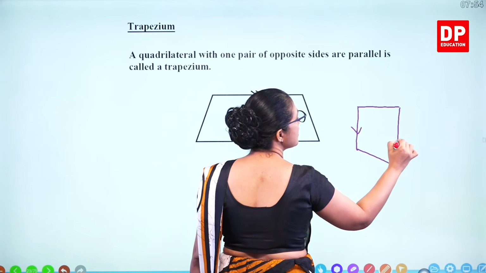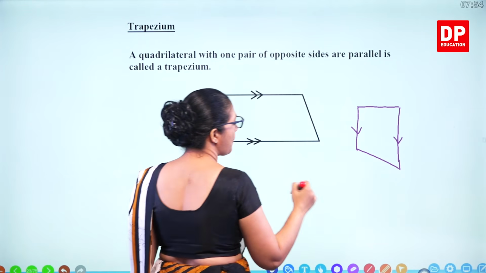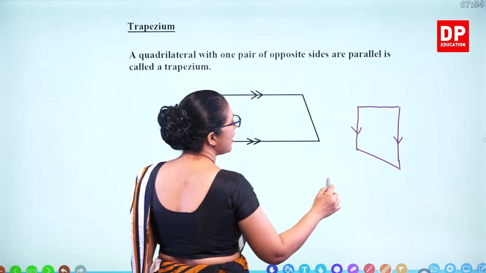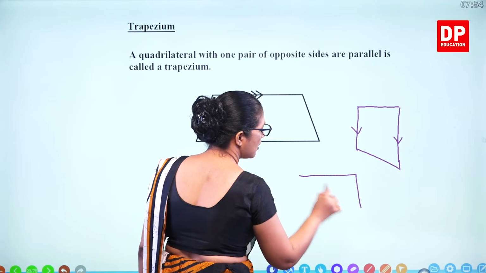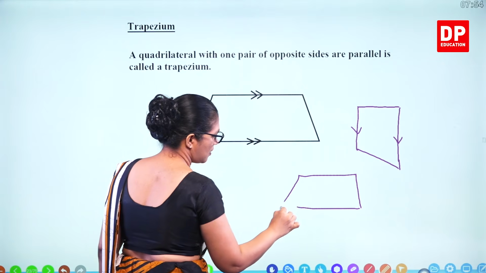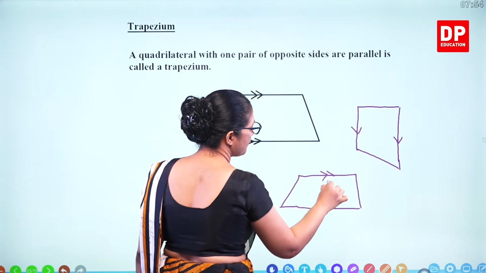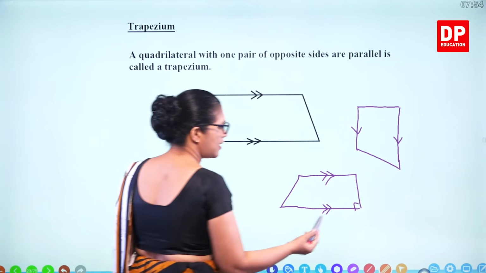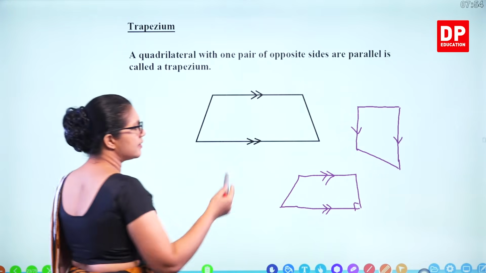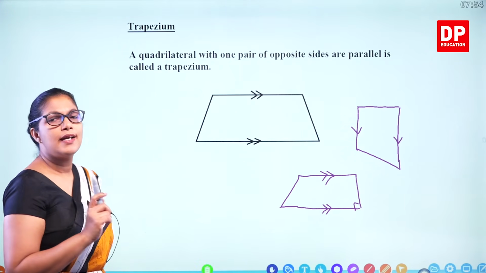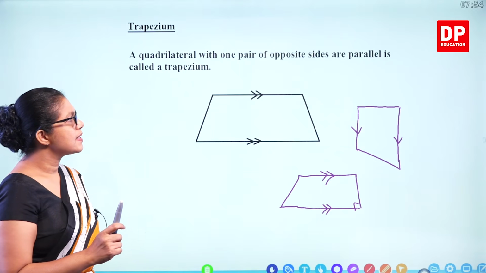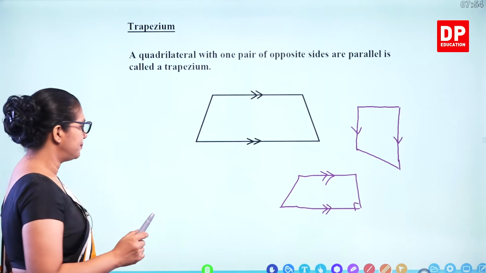So these two lines are parallel. That's a trapezium. Another one, you can get something like this. This is, if this is parallel. So this can be 90 or any other angle. So the only property is one pair of opposite sides are parallel.